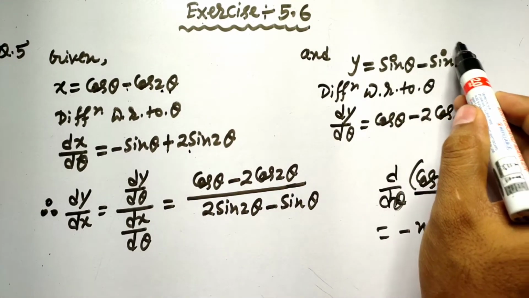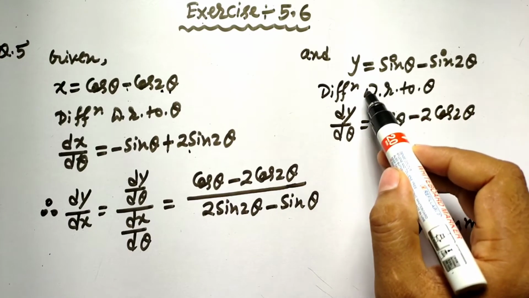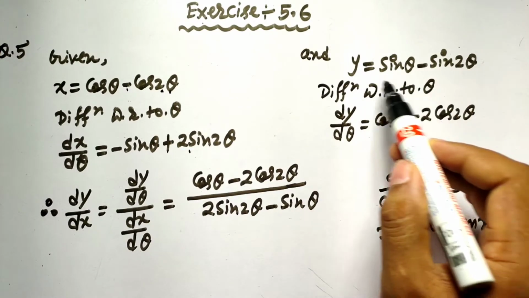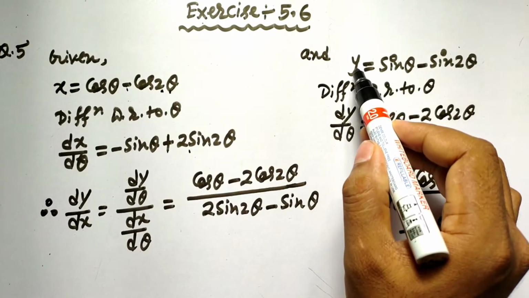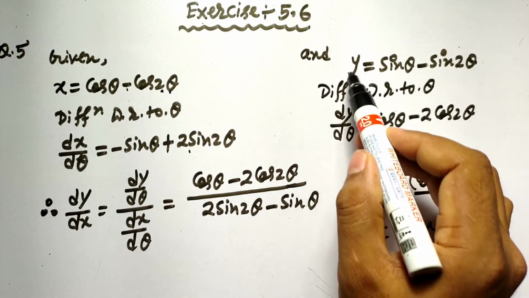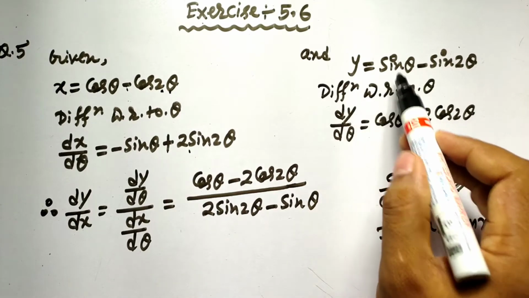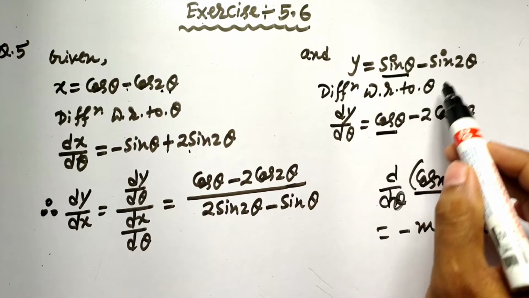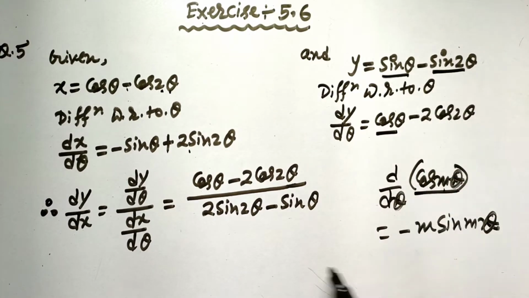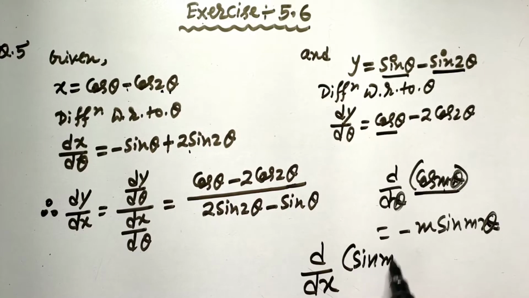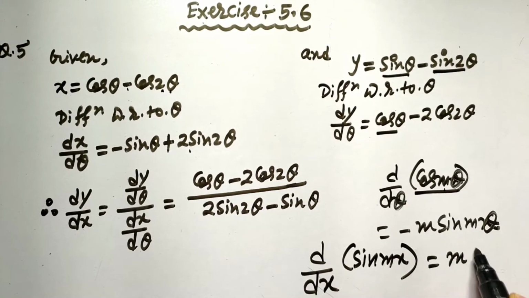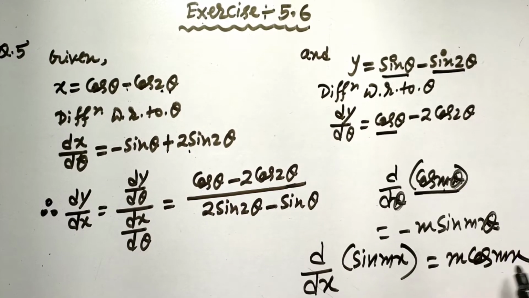Similarly, in this equation you have to differentiate with respect to theta. So differentiating with respect to theta, d by d theta of y equal to the derivative of sin theta, which is cos theta, and we know the derivative of sin mx equals m cos mx with respect to x.